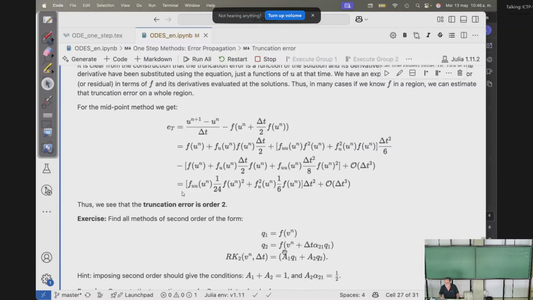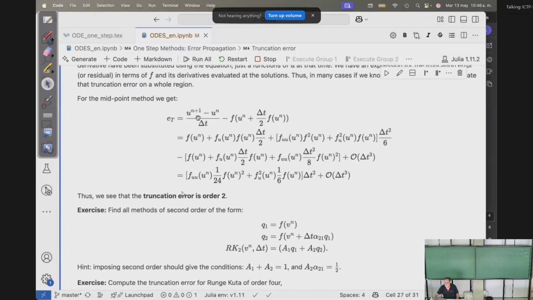For the midpoint, you do the same calculation. You replace the A for the midpoint by the Taylor series. And for this one, you do a Taylor expansion of f, so that will be f plus the time derivative times this, and this is the second term. And then you go to second order in the Taylor expansion of f.